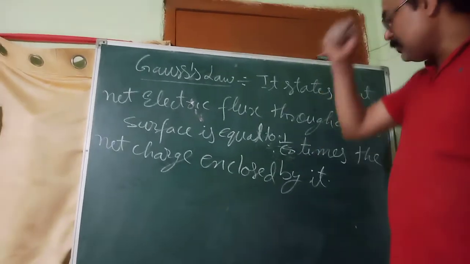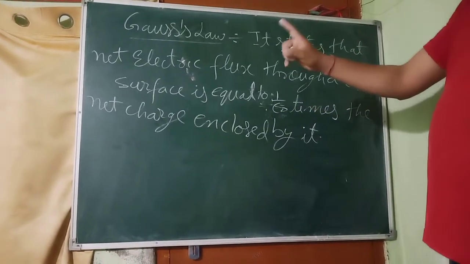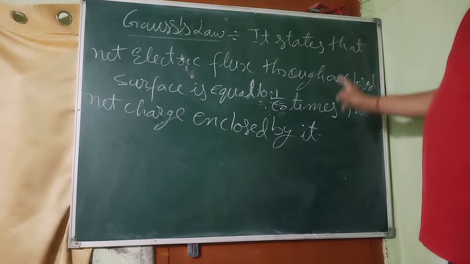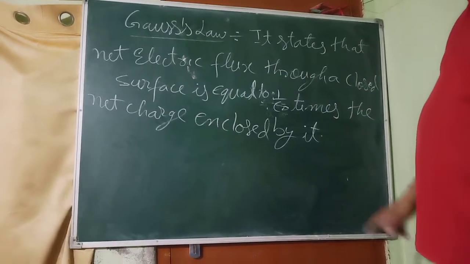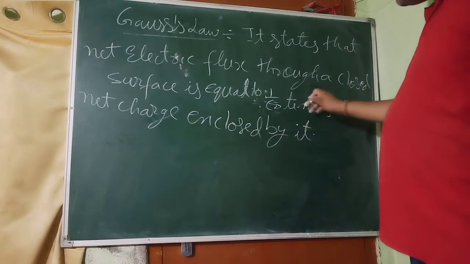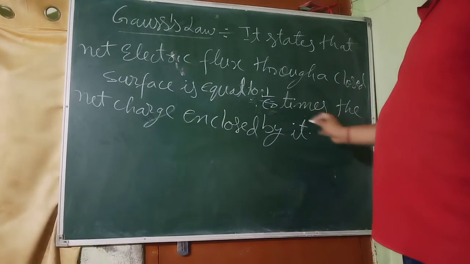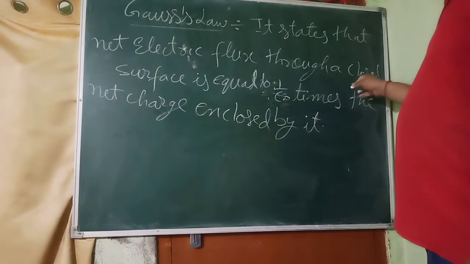So the Gauss law, what is the statement? It states that the net electric flux through a closed surface is equal to 1 by epsilon naught times the net charge enclosed by it, by the closed surface.